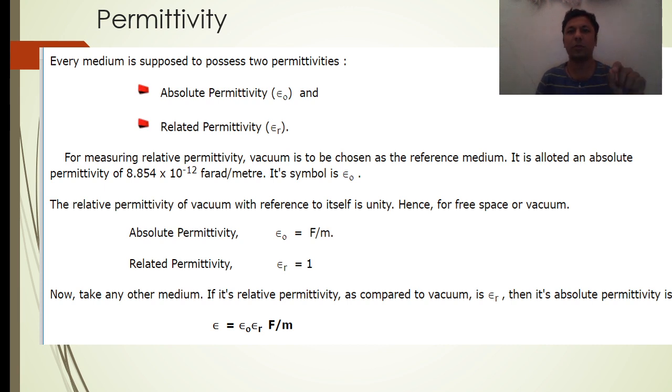The constant epsilon 0 has a value of 8.854 into 10 raised to minus 12 farad per meter. Remember that the unit of permittivity is farad per meter, F divided by M.